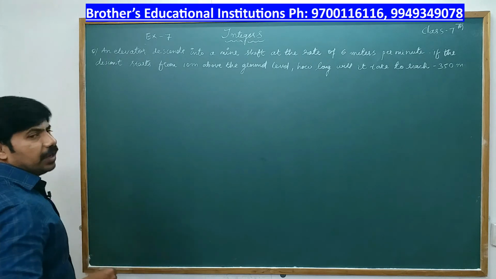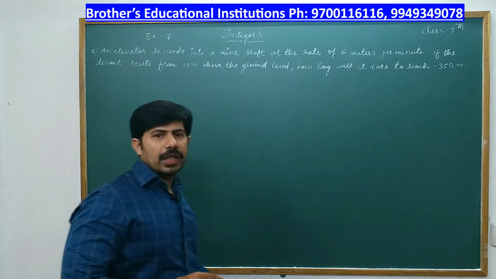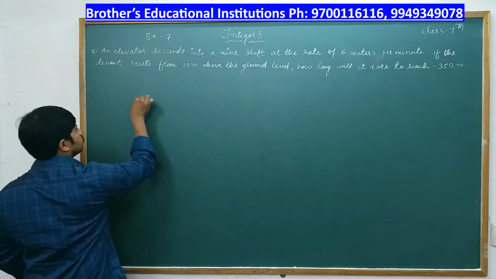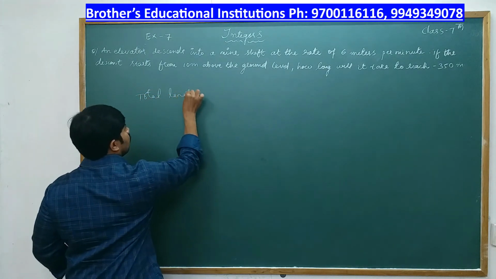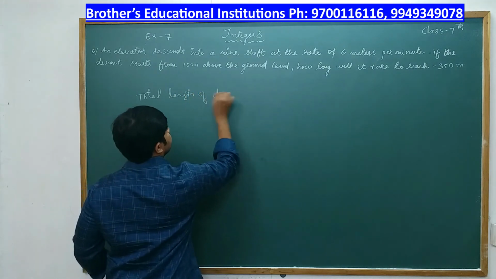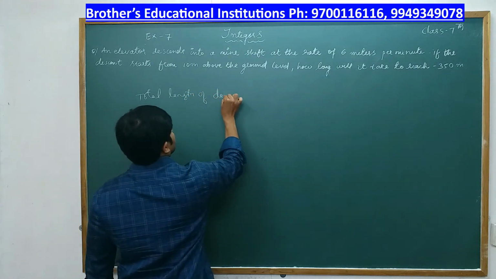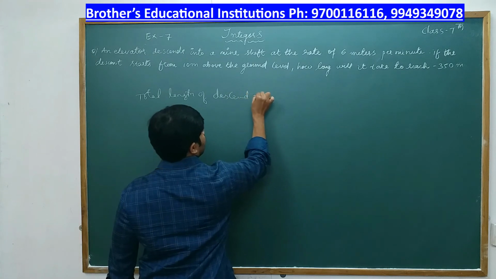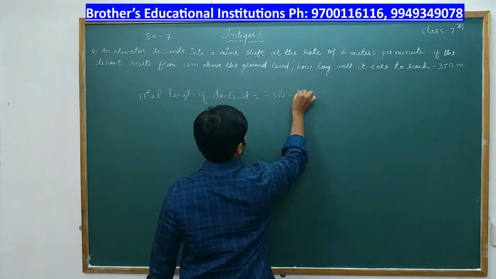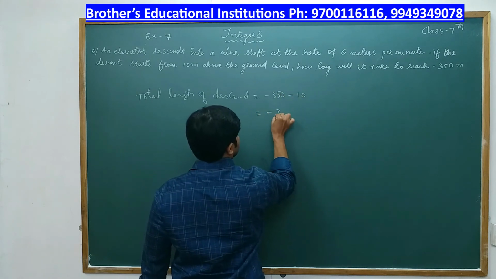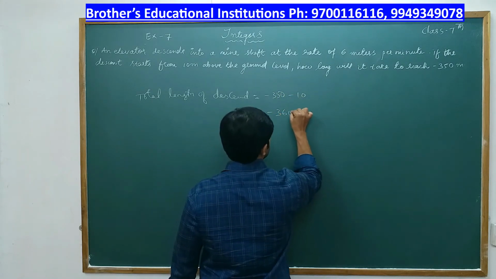So first we write the total length of descent. What is the total length of descent? The total length of descent is nothing but minus 350 minus 10. So we get minus 360 meters.